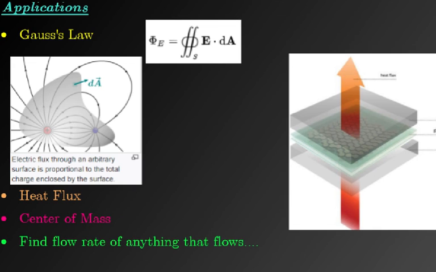You can actually use this to find the center of mass of an object, which is kind of neat. There are some problems in the book about that. You can read them if you want. In general, they're used to find the flow rate of pretty much anything. And flow is a very arbitrary term that applies to tons of things. Space-time has a certain flow to it.